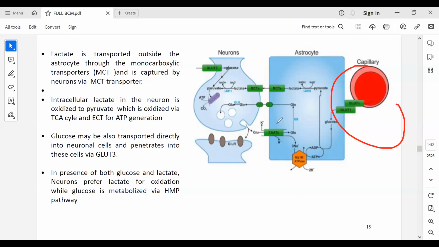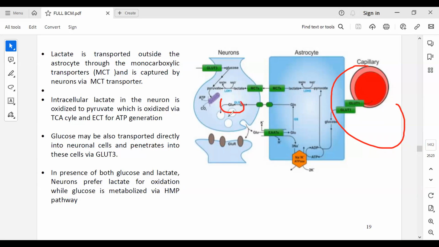Your astrocytes will carry out glycolysis, and they will give you pyruvate and lactate to take to the TCA cycle and electron transport chain, and that will produce a lot of oxaloacetate, malate, all this alpha ketoglutarate, which will now be used as substrate to produce your glutamate and your other neurotransmitters.